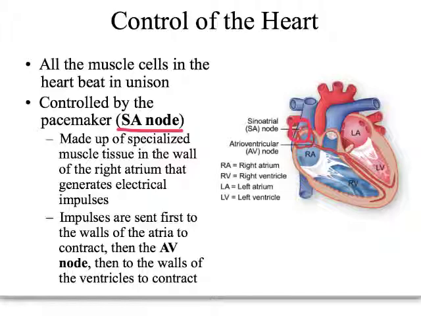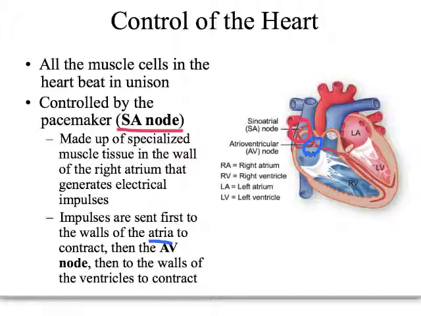Impulses are first going to go to the walls of the atria to make them contract and push blood into the ventricles. And then the signal is going to go to what's called the atrioventricular, or AV node.